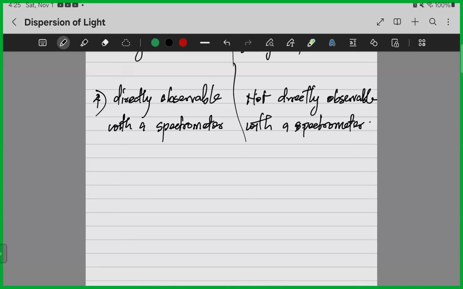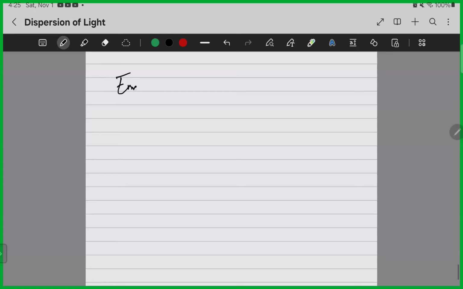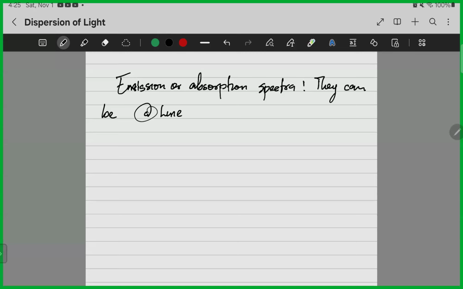So let's take note that when you talk of emission or absorption spectra, they can be line spectra, band spectra, or continuous.